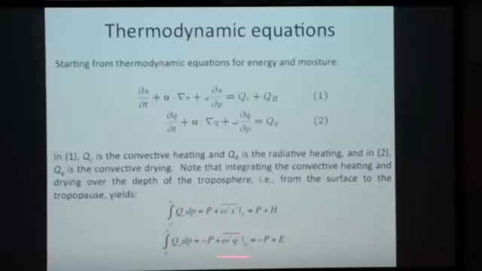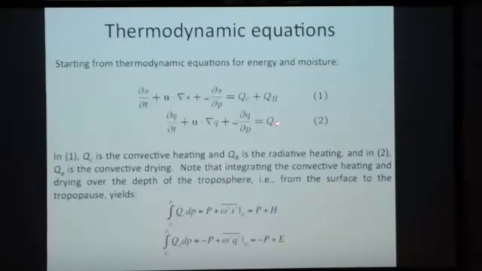What I'm going to do is look at these equations and do vertical integrals over them. When you do a vertical integral over Q sub C with respect to pressure, you get something that you can relate to the surface precipitation rate plus the sensible heat flux.